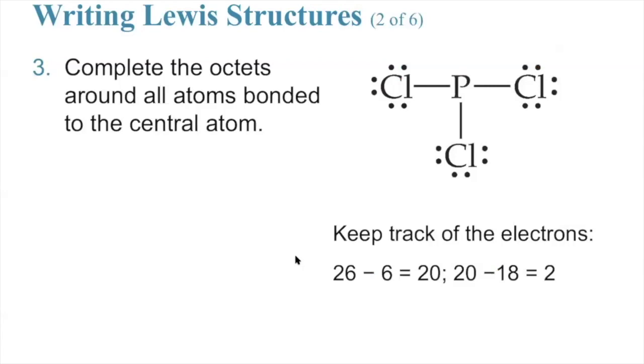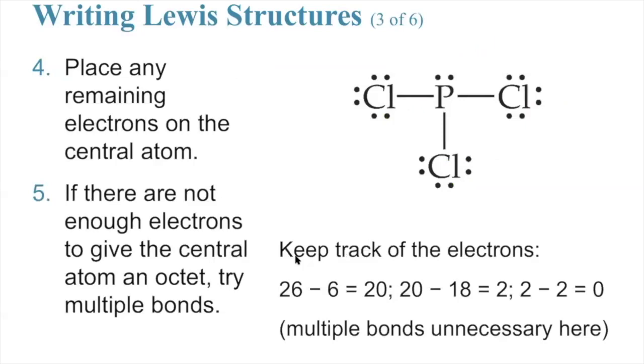So with 20 left, you go 1, 2, 3, up to 18. You have 2 electrons left. Whatever you have left goes on the center atom, and that gives you your final compound.